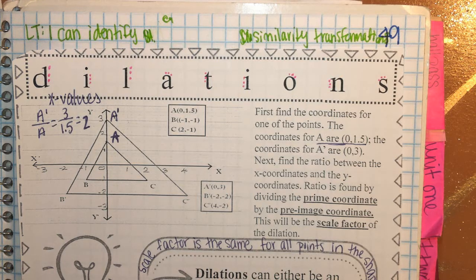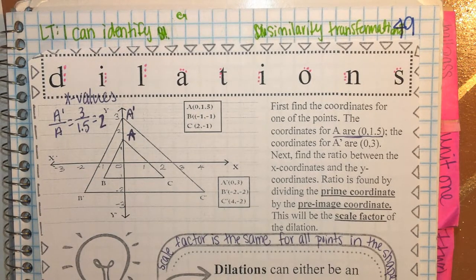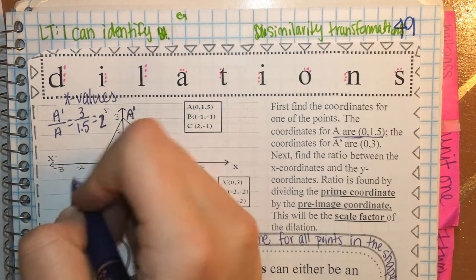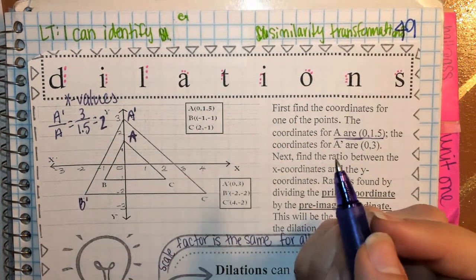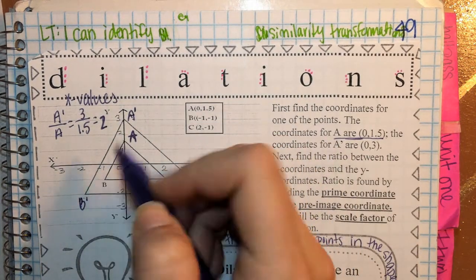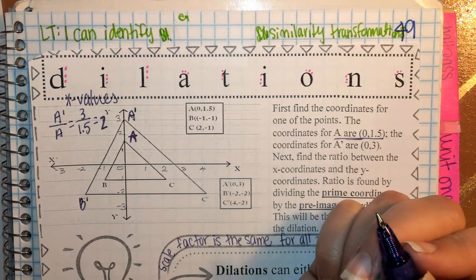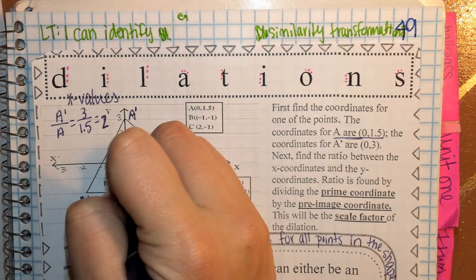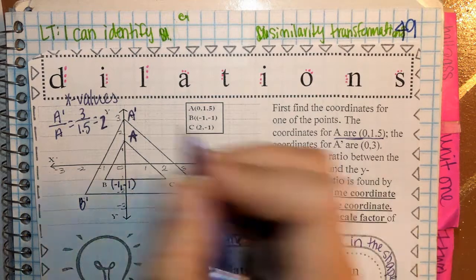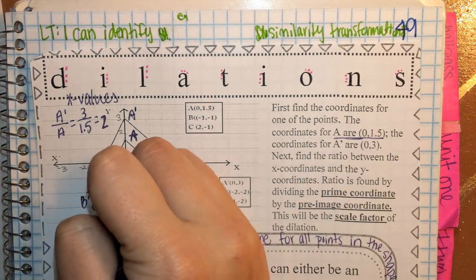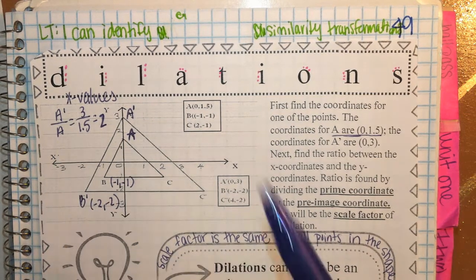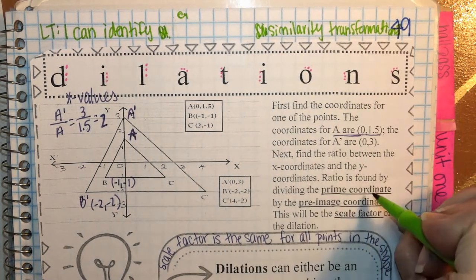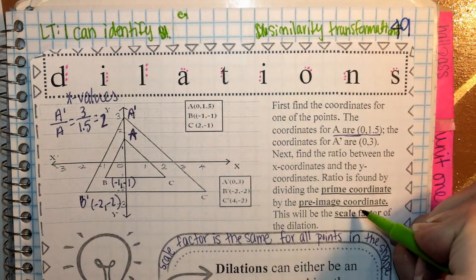Now, what if I wanted to do B? Let's just practice on this one for a minute. This is B. This is B prime. So the coordinates of B right here are -1, -1. And B prime are -2, -2. Now, if I want to find the scale factor of B prime to B, and remember, you do the prime divided by the pre-image.